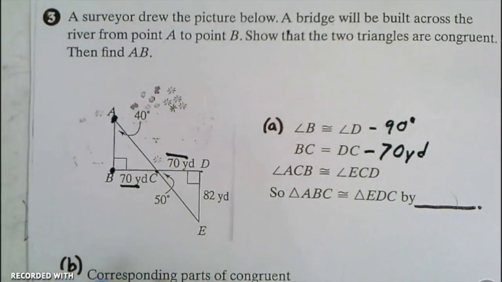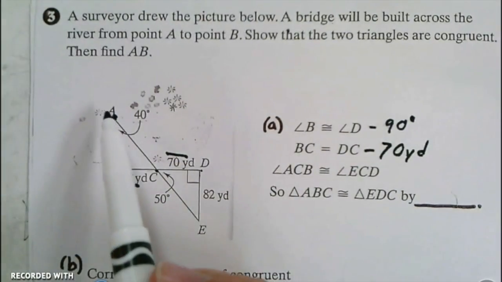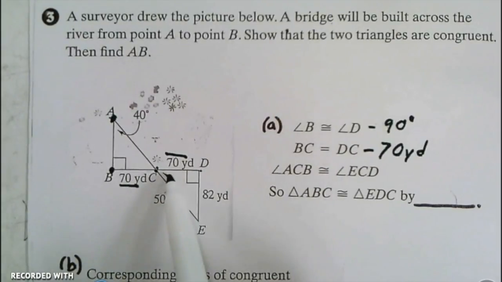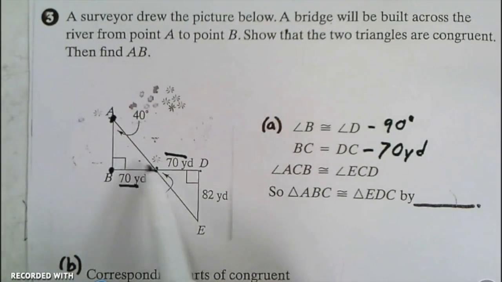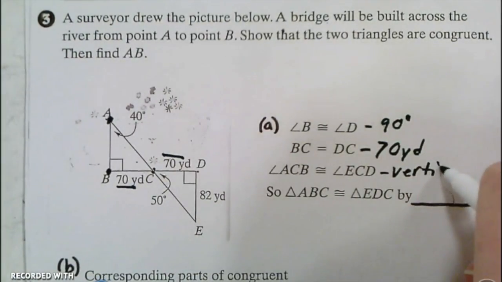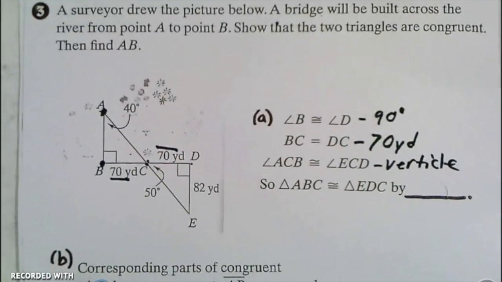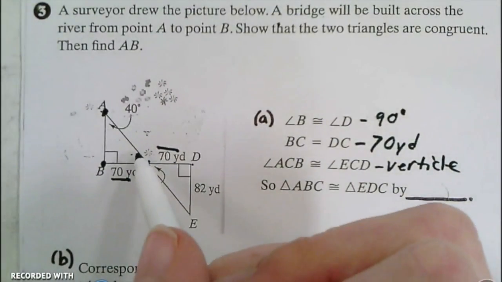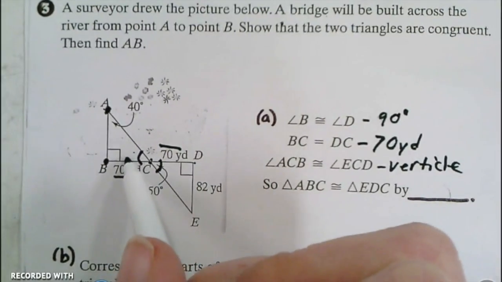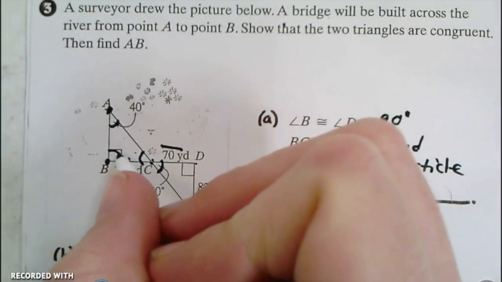And we also know that angle ACB is congruent to angle ECD because these are vertical angles. Here we have intersecting lines, and intersecting lines, we always know that vertical angles are congruent. So these are vertical. So we know that those are going to also be congruent to each other. So we have a congruent angle, a congruent side, and a congruent angle.